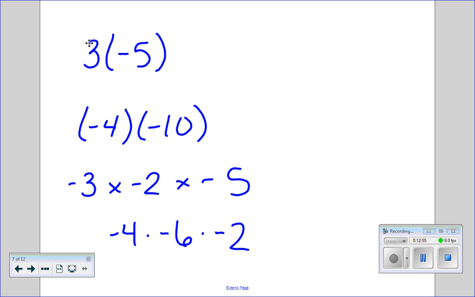Give them a whirl in your notebook. Make sure you're doing your multiplication, then look back to see what sign it needs to be.